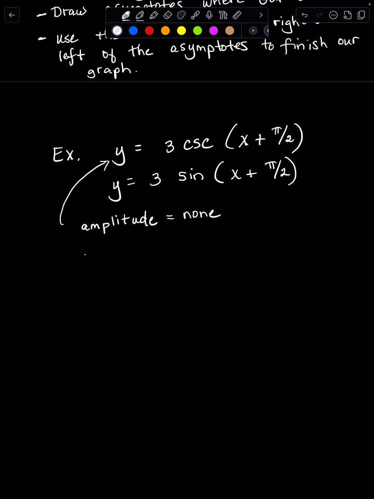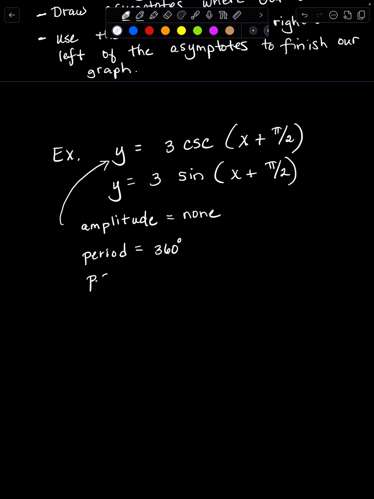The period of sine is 360, the parent graph. That means the cosecant period is going to be the same thing. Remember, to find the period, I take 360 and divide it by the b value. In this case, my b value is 1, so the period here is going to be 360 degrees. So this is going to repeat itself every 360 degrees.